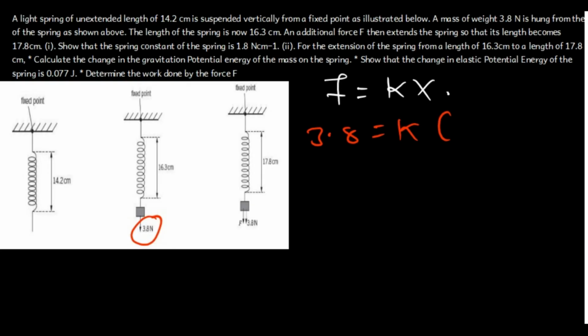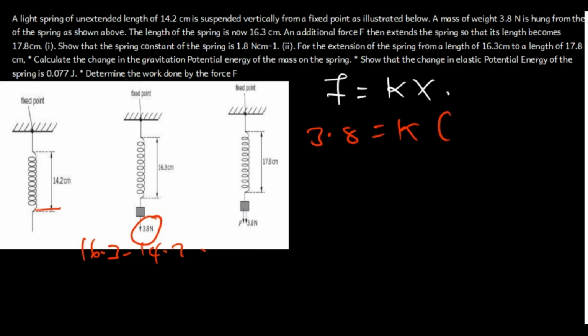At equilibrium position the length was 14.2 centimeters, and then after applying this force, the spring extends from 14.2 centimeters to 16.3 centimeters. To find this x, it's just a matter of saying 16.3 minus 14.2.